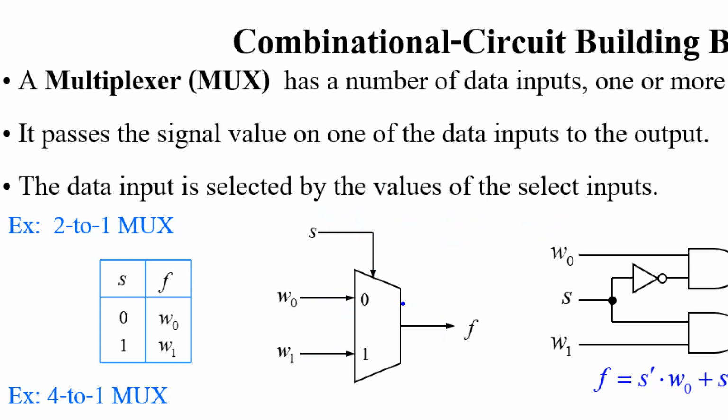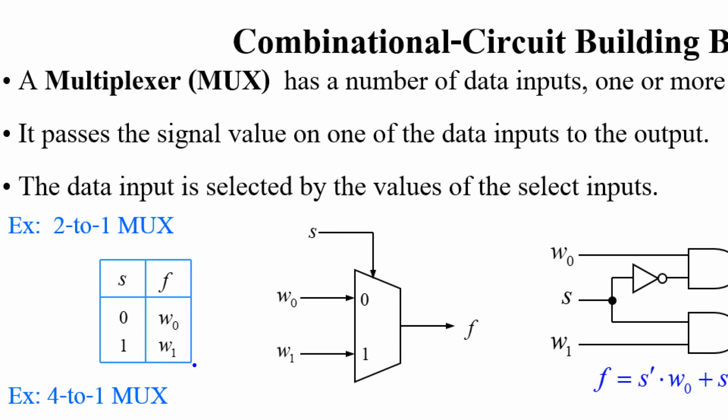For example, if S is 0, the input at position 0 will go to the output. In this example, it is W0. That means when S is 0, the output function will be W0. And when S is 1, the input at position 1 will go to the output. So now the output becomes W1.